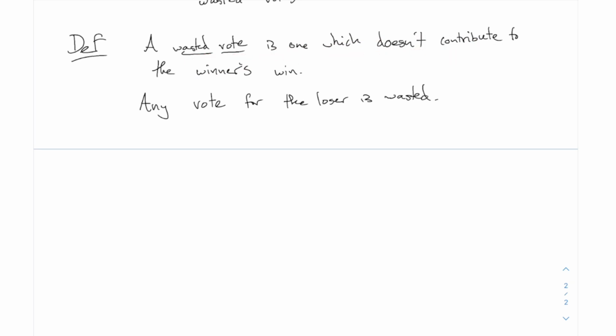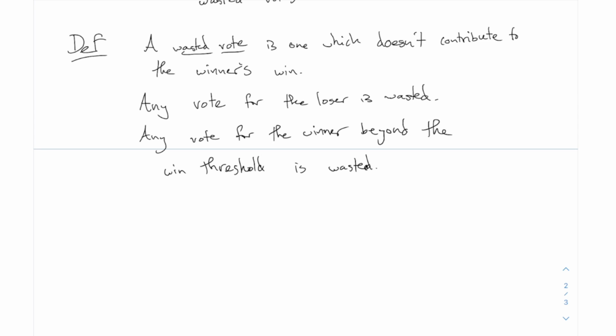If you vote for the loser, obviously you are not contributing to the win. And then any vote for the winner beyond the winning threshold is also wasted.